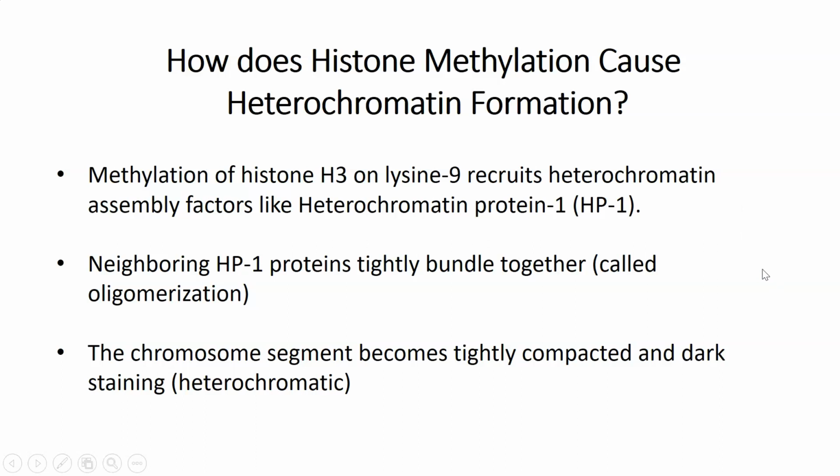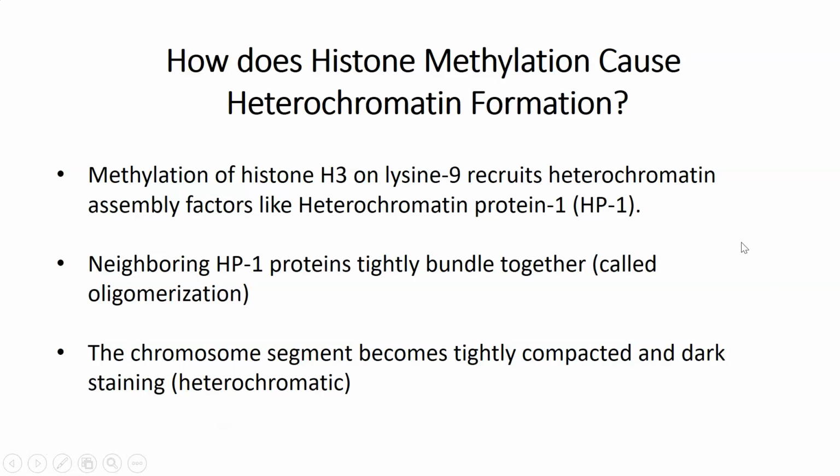Some of the details about this are known and some of it is kind of hypothesized. What's known is that if histone H3 is methylated on lysine 9, that recruits a protein to bind to this methylated histone tail. And this protein is called heterochromatin protein 1, HP1.